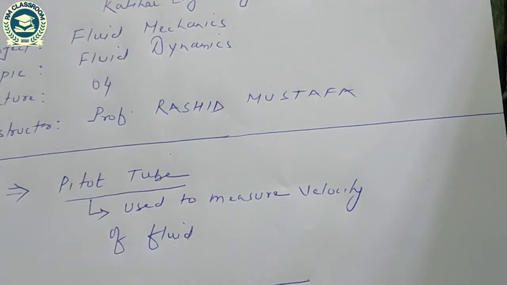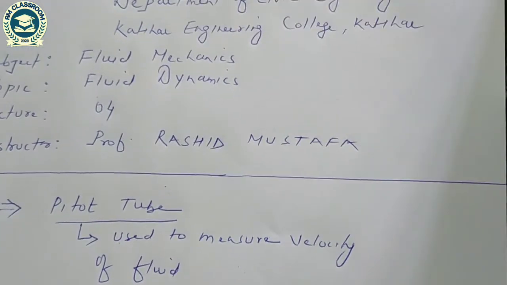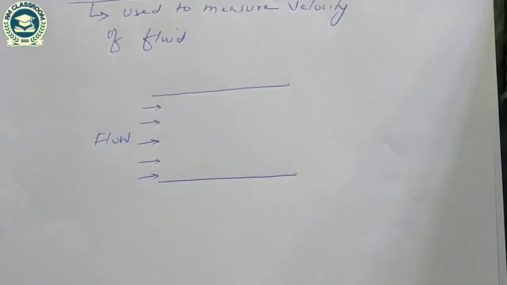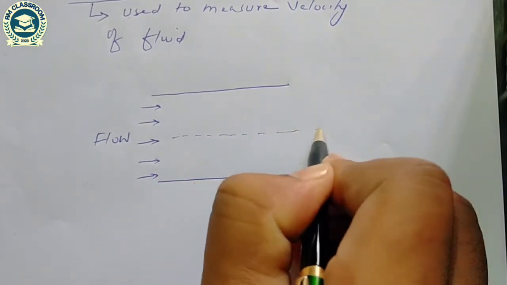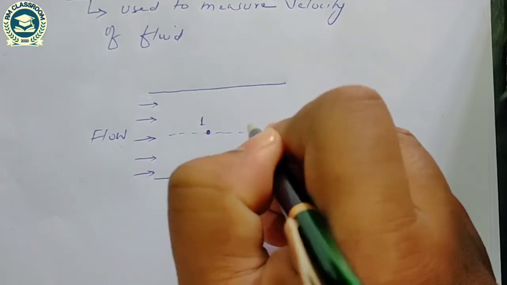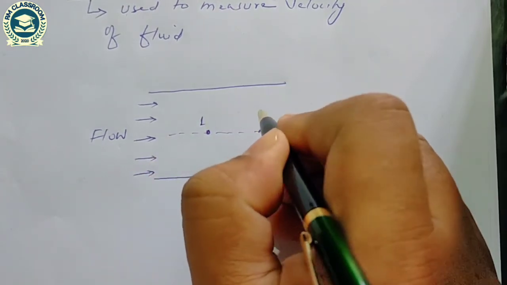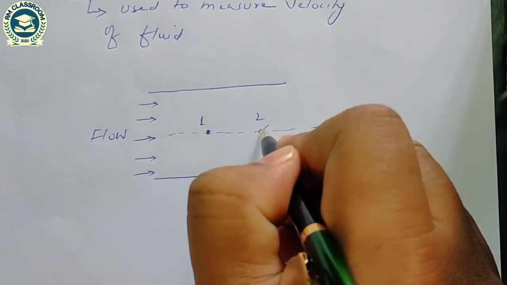This is our flow. This point is 1, this point is 2. Here we have installed the pitot tube.